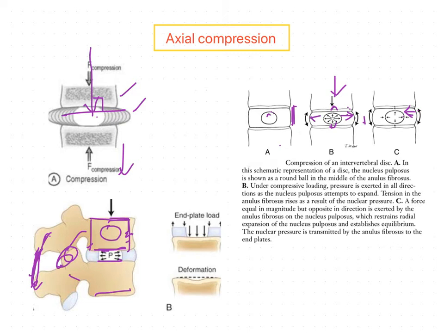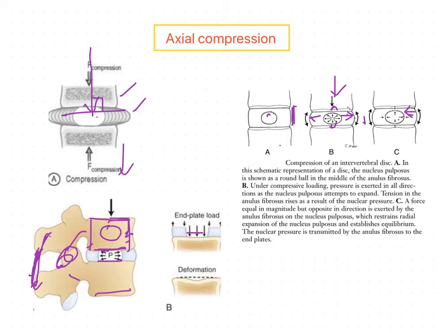Normally, the annulus and the end plates are able to provide sufficient resistance to the swelling pressure in the nucleus to reach and maintain a state of equilibrium. The pressure exerted on the end plates is transmitted to the superior and inferior vertebral bodies.